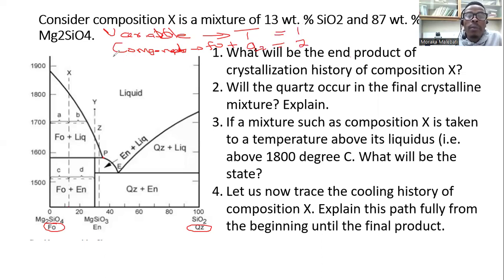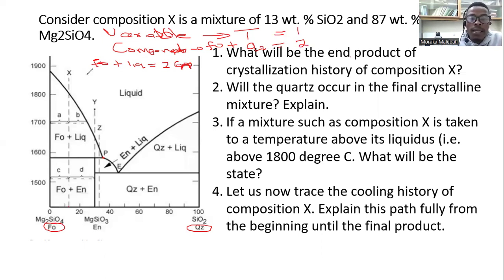And then what about the phases here at the peritectic point? We have got the phosphorite plus liquid to give us the enstatite. All right.